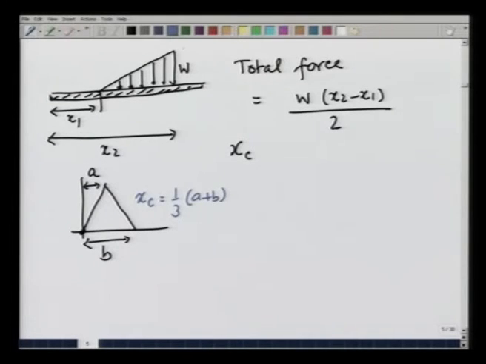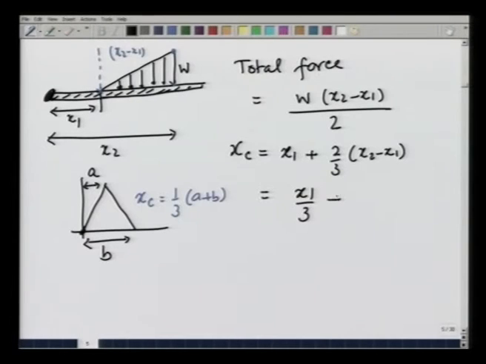In the present case, both the points are at a distance of x2 minus x1 from this corner, and therefore, the centroid xc is going to be at a distance from the hinge point here, x1 plus 2/3 (x2 minus x1), or this comes out to be x1 over 3 plus 2 x2 over 3, which is equal to 1/3 (x1 plus 2 x2).